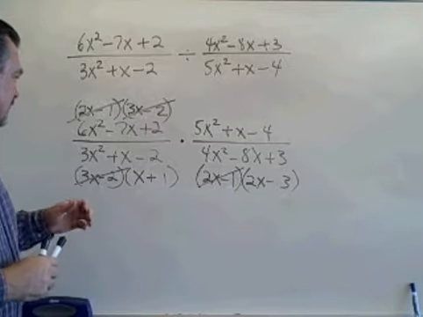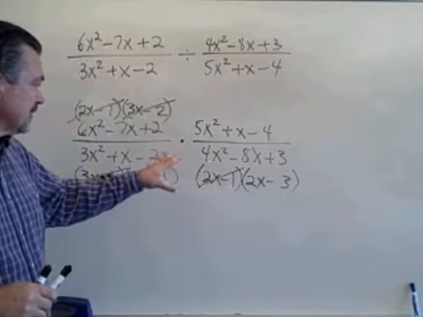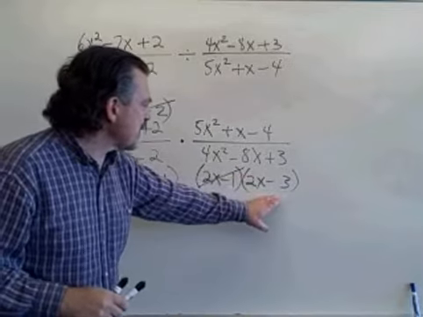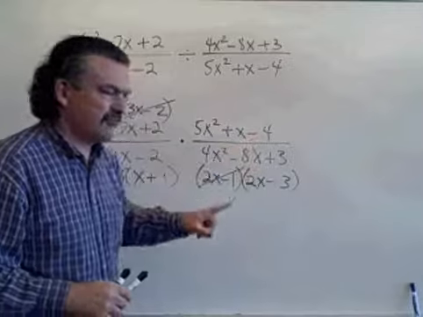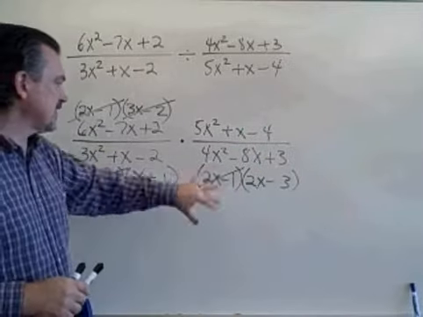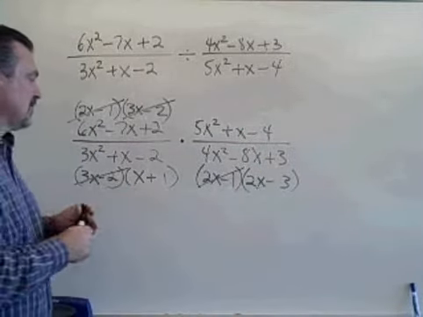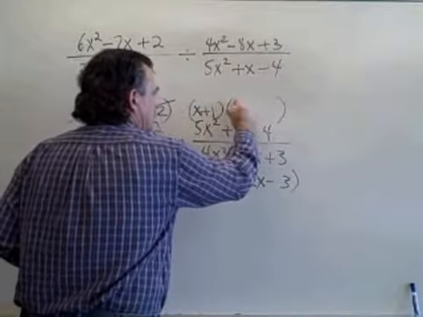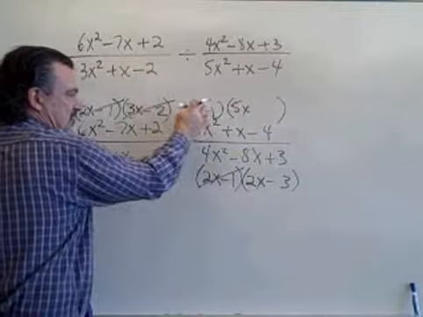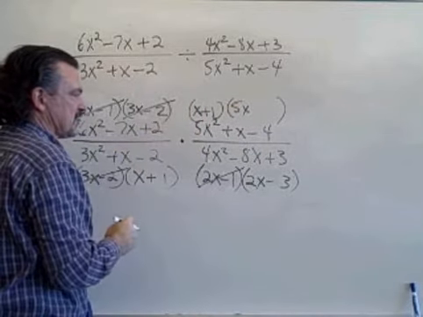So now I've got to do some factoring here. Well, 2x minus 3 can't be a factor of that trinomial. 3 isn't a factor of 4. So I know that can't work. So if it's going to work, it's got to be the x plus 1. So there'd have to be a 5x, so that x times 5x makes 5x squared.